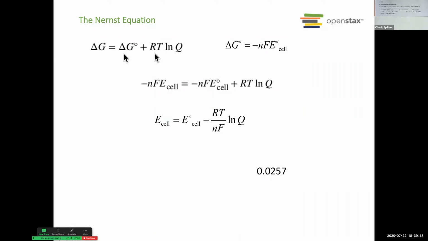Remember in chapter 16, we had the equation delta G equals delta G standard plus RT log Q, where Q was the reaction quotient, the ratio of products over reactants. Remember, if Q equals K, the reaction is at equilibrium.